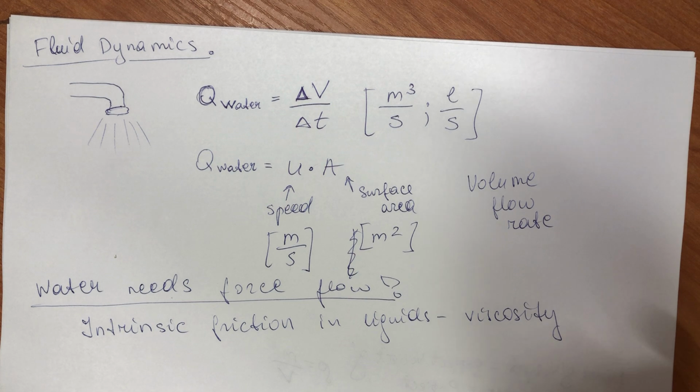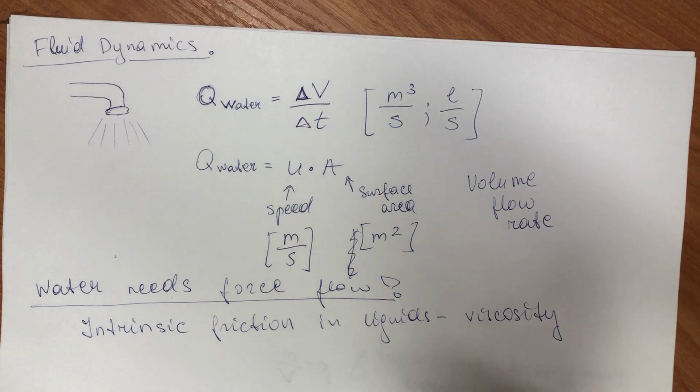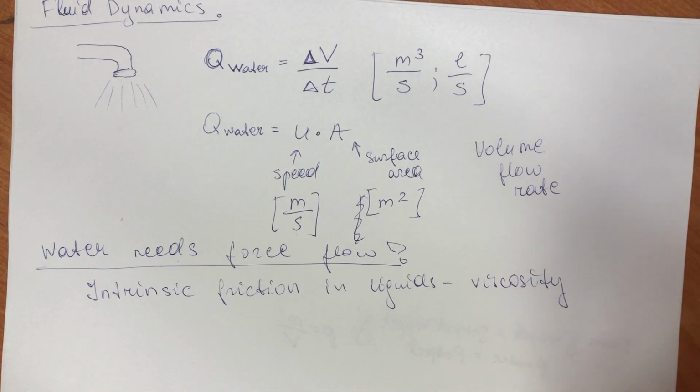Water is not that viscous a liquid, but ketchup and syrup are high viscosity liquids, so they flow very slowly because they have high viscosity.